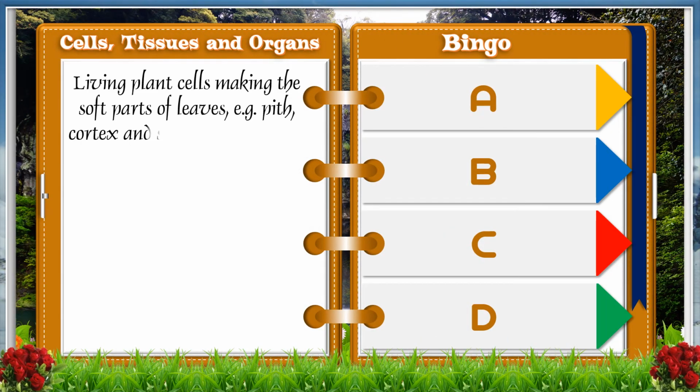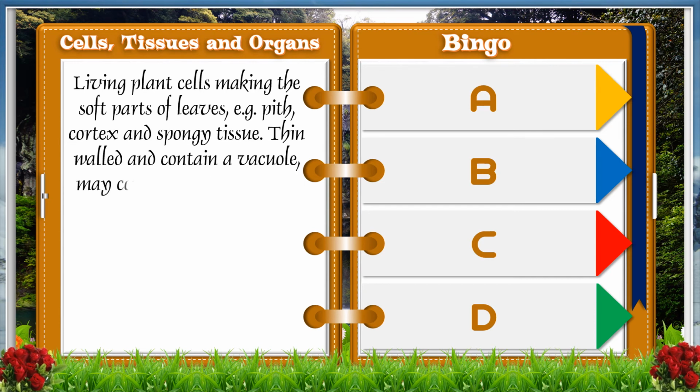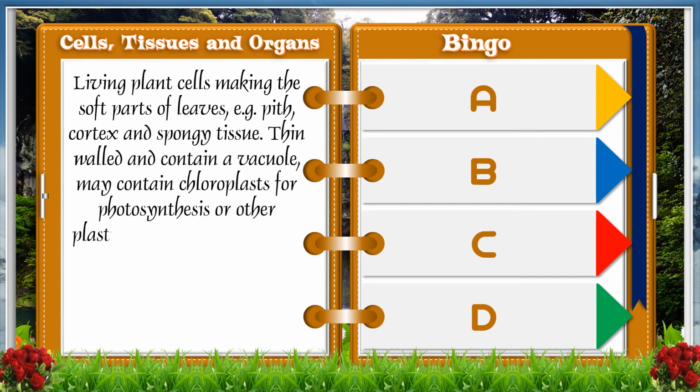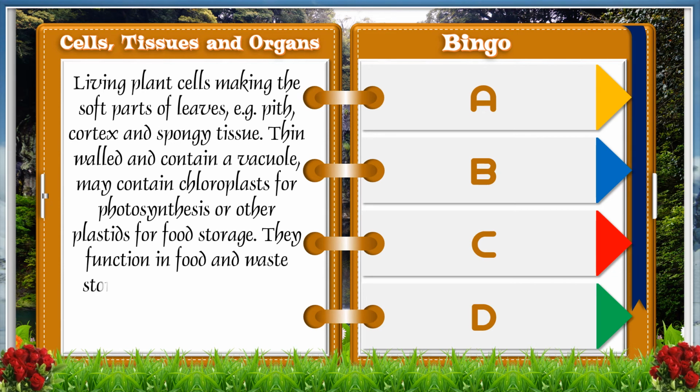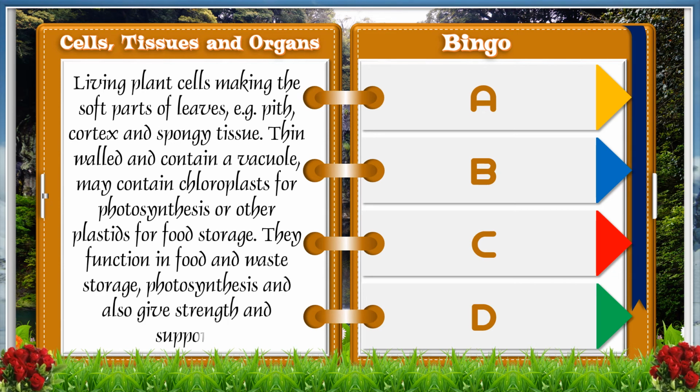Living plant cells making the soft part of leaves, e.g. the pith, cortex, and spongy tissue. Thin-walled and contain a vacuole, may contain chloroplasts for photosynthesis or other plastids for food storage. They function in food and waste storage, photosynthesis, and also give strength and support.